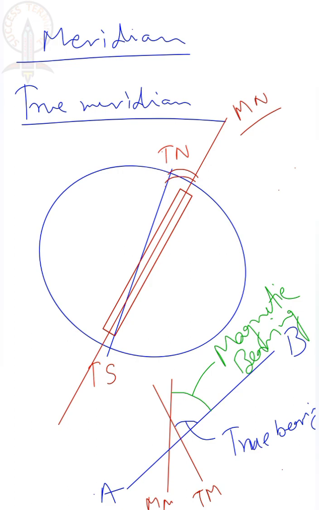Now sometimes what happens, when we are using, say, a theodolite, there we have to assume a meridian. This may be treated as arbitrary meridian. Clear?